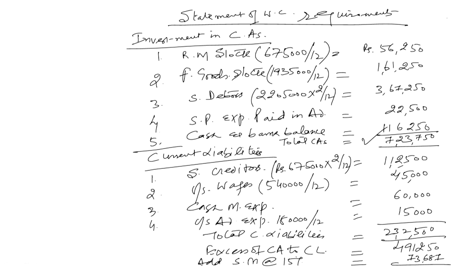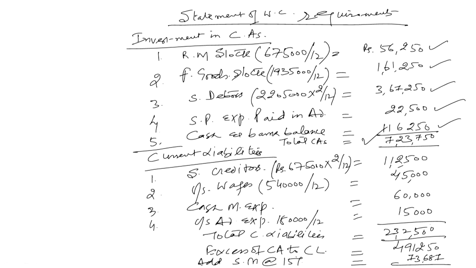So, we saw that this much is required in the raw material, this much at the finished goods stage, this much to be invested at the sundry debtor stage, and this much to support the sales promotion expenses which have to be paid in advance. These are the prepaid expenses. Then we have the cash and bank balances. All the time we have to keep the cash and bank balance, because a minimum asset as cash or bank balance has to be maintained, which was 50% of the current liabilities figure here.